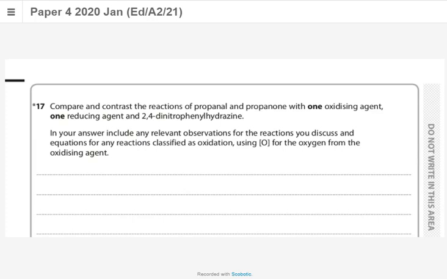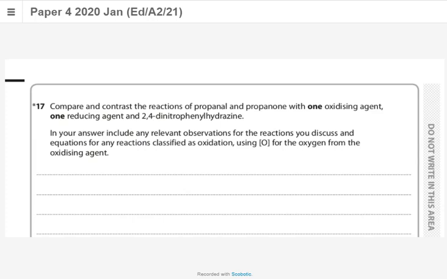And as for the reducing agent, lithium aluminium hydride or sodium borohydride can be used. It can be reduced to the corresponding alcohol: propanone gives a secondary alcohol, propanal gives a primary alcohol. 2,4-DNP gives a precipitate of hydrazone.